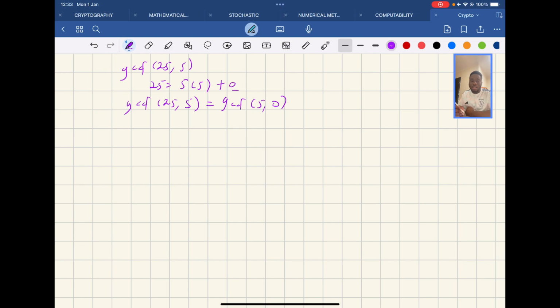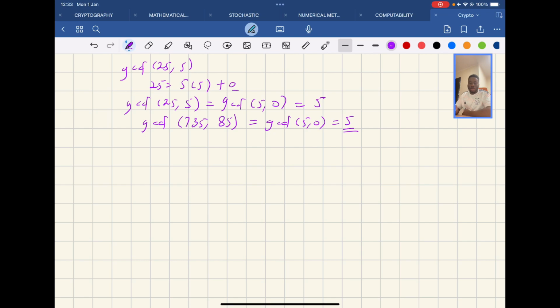And as I said earlier on, the GCD of any number and a 0 is that number. So over here, the GCD of 5 and 0 is 5. So meaning that the GCD of 735 and 85 is equal to the GCD of 5 and 0, and this is equal to 5.